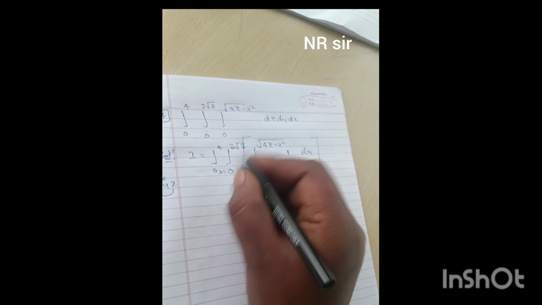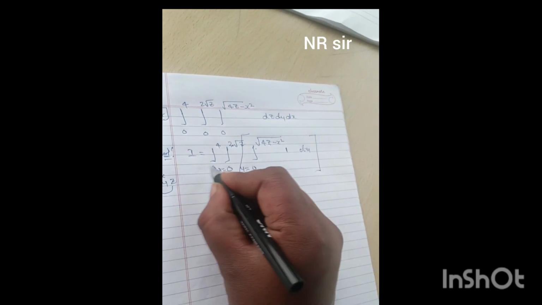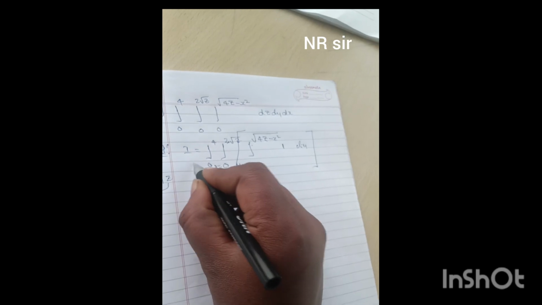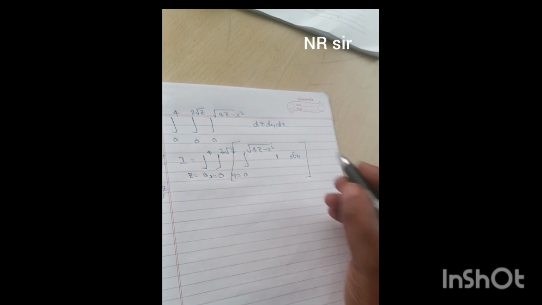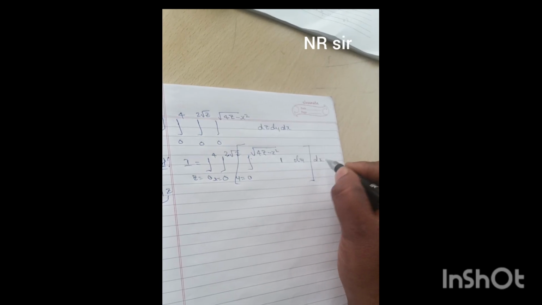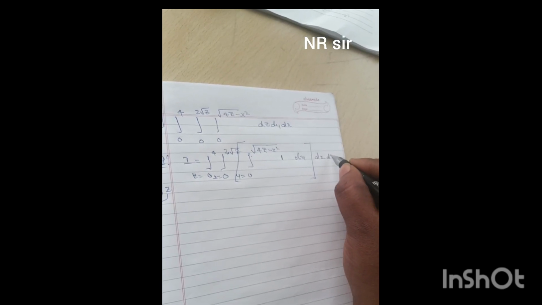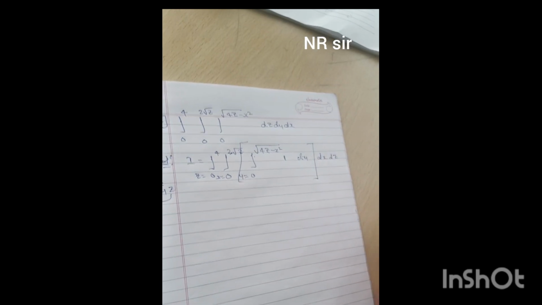I already told you this in the previous class. Last, what is left out is z varying from 0 to 4. Write down dx and dz as it is.